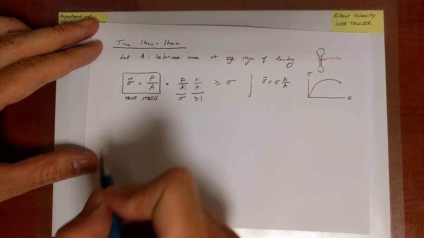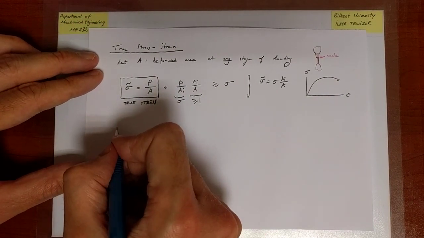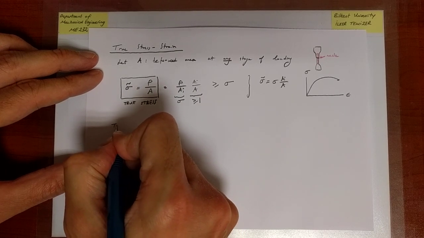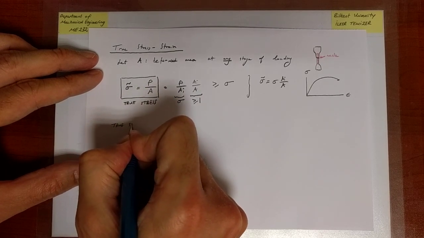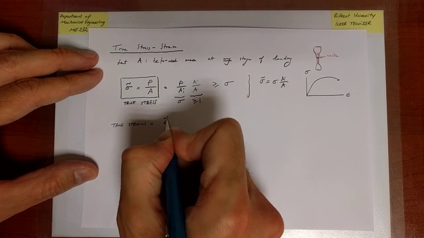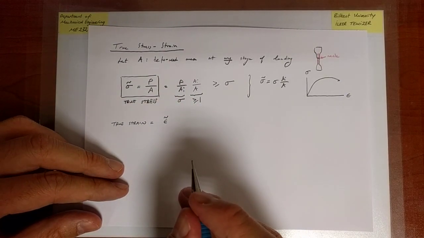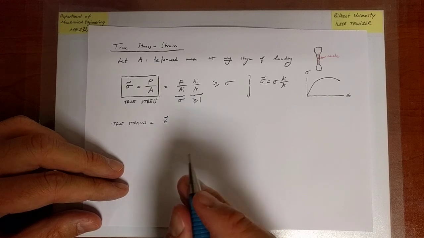Now, of course, if there's a true stress, we can imagine that there's also going to be a true strain. To introduce true strain, first of all, let's call it epsilon tilde, identically with the notation for the true stress.